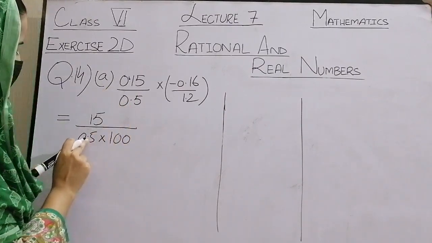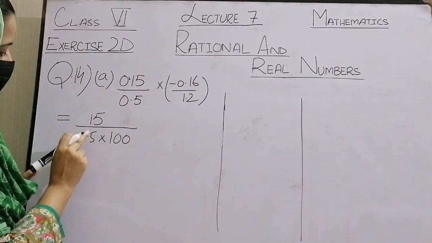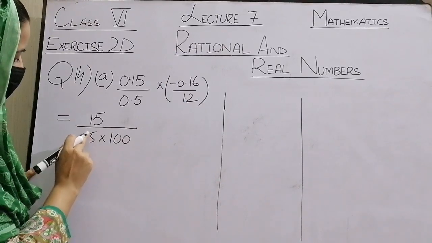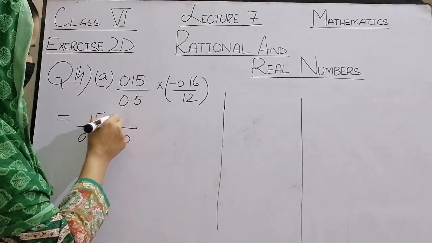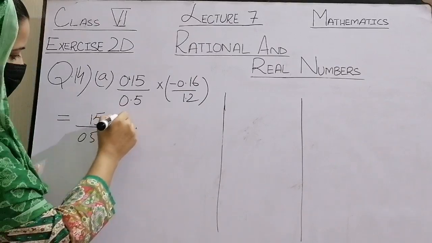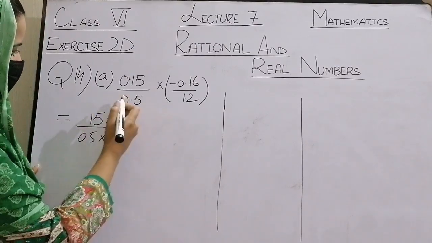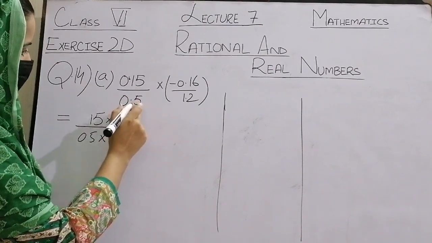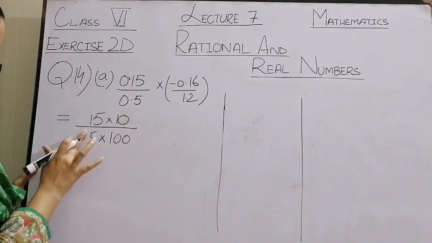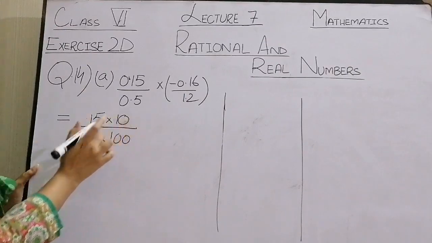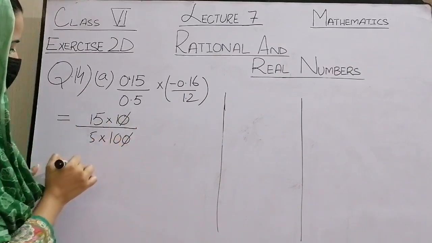Now we have to eliminate this decimal. Write down 1 because we eliminated the decimal. The number after the decimal is 1, so 10. 0 and 0 are cancelled.